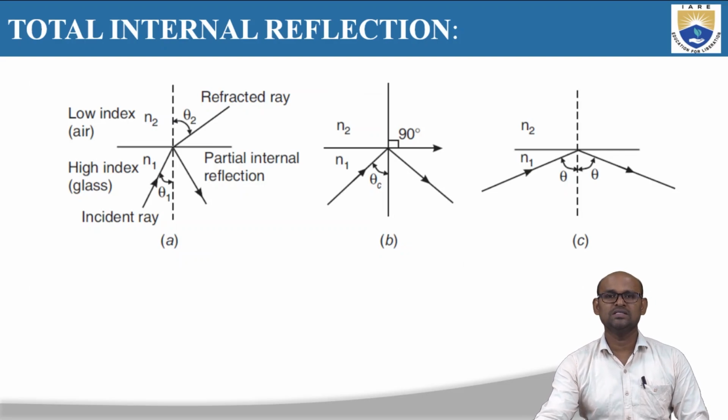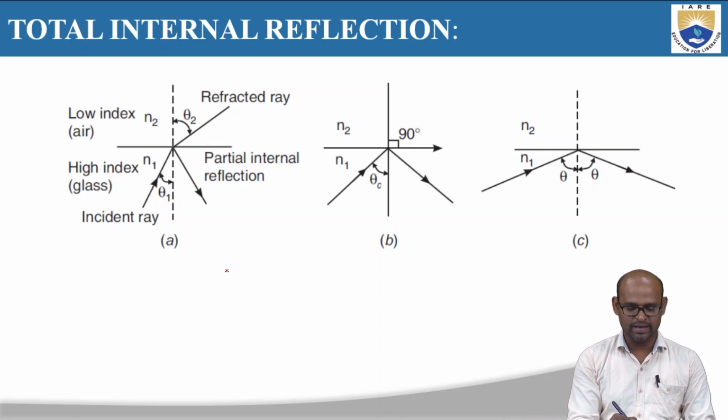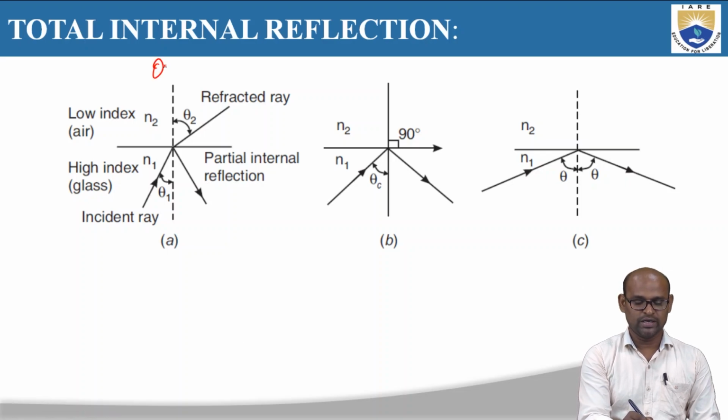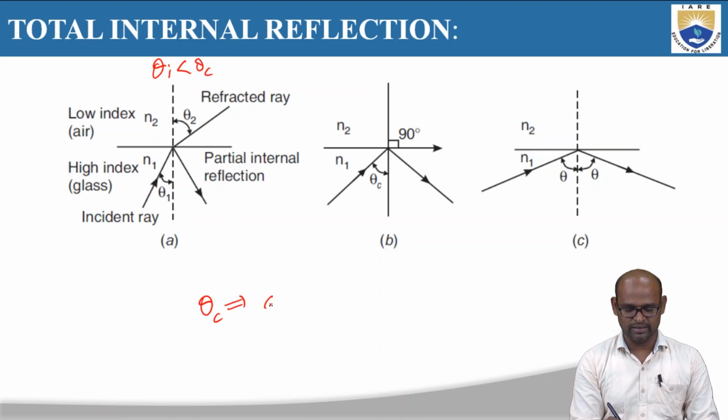Okay. So when does total internal reflection occur? What is the condition to be satisfied? When we launch light into the optical fiber, there is a critical angle. There are three conditions. The first is theta I, the angle of incidence, less than theta C, the critical angle.